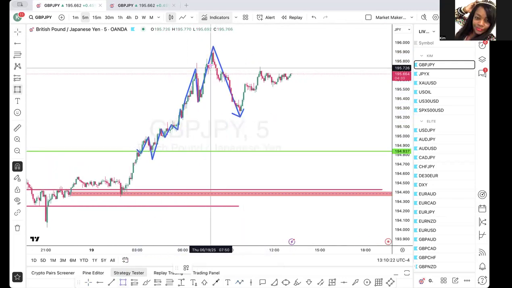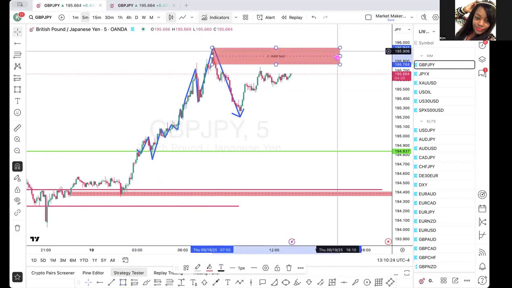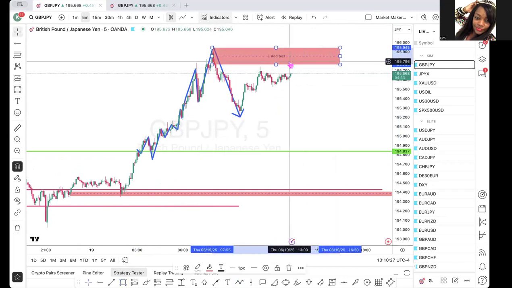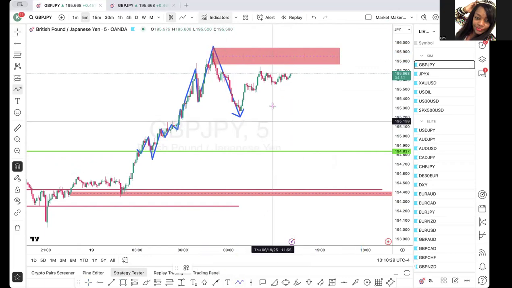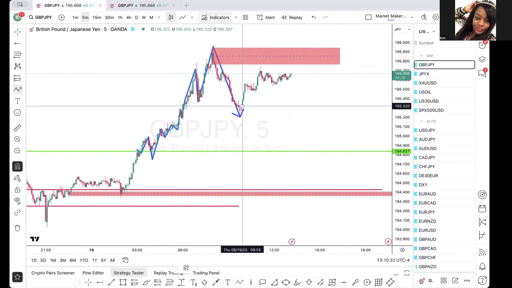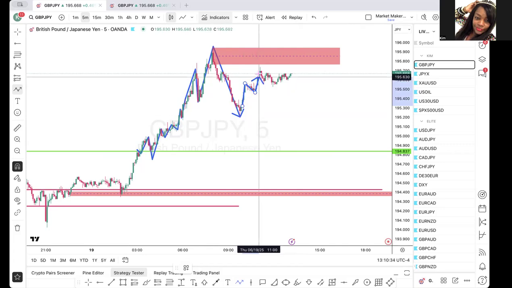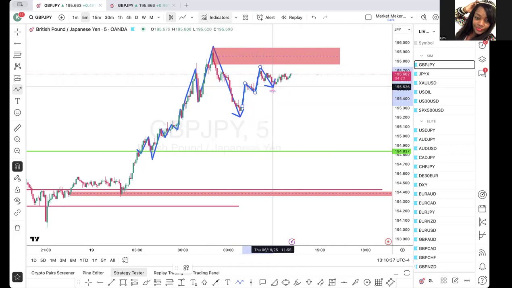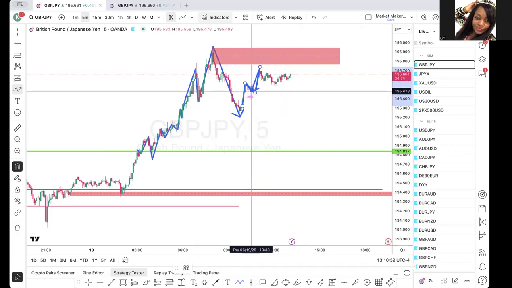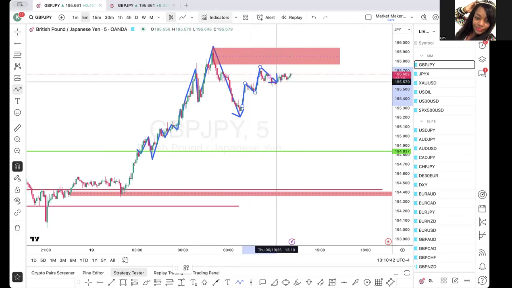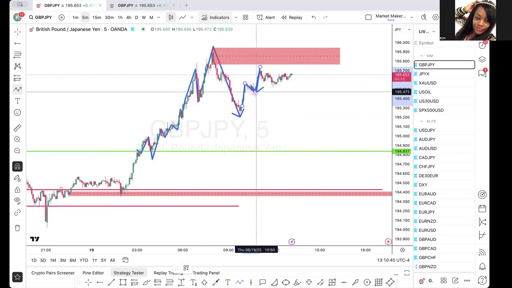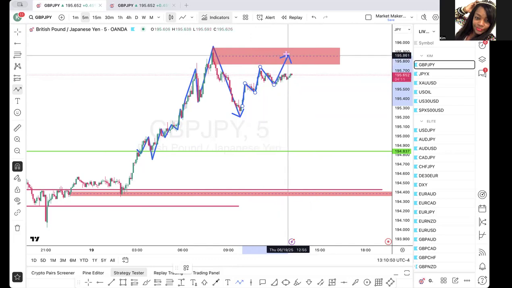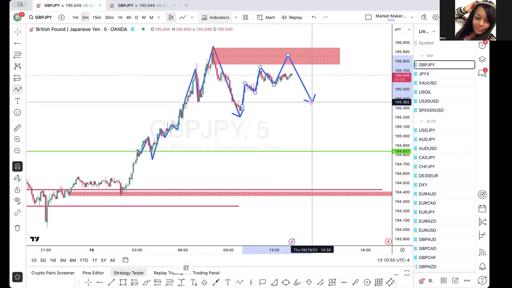So you should be looking for price to push back into here and then look for a structure shift or a continuation. If you look at the structure here, no break at a high, no break at a low. So now you have to wait for price to either break this high or break this low. If price breaks this high, now you're waiting for price to break this low if you're going to sell, if it's going to continue selling based off of this market structure shift.